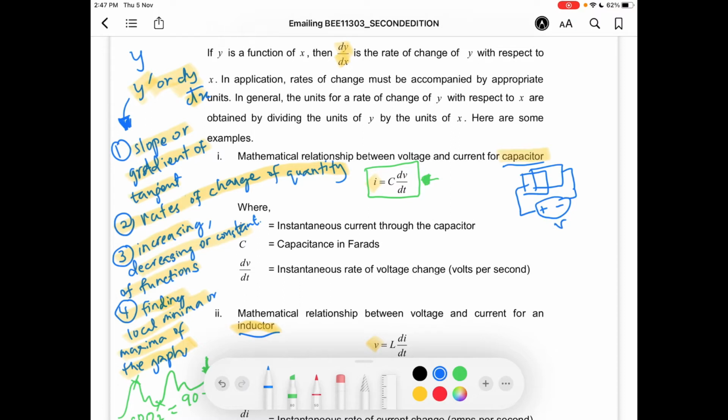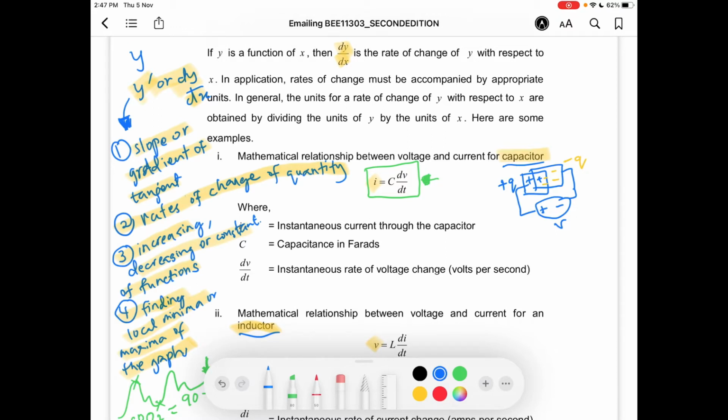When the positive terminal of the voltage source is connected to the conducting plate here, it will give positive charges. The negative terminal connected to the other side of the plate will give negative charges. So we will have negative charges over here and the other side will get positive charges.